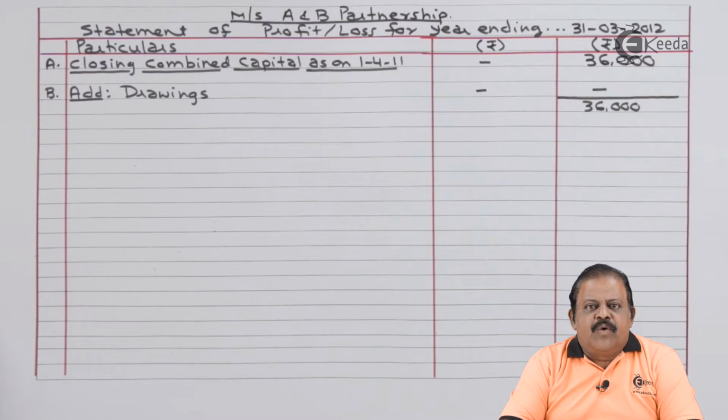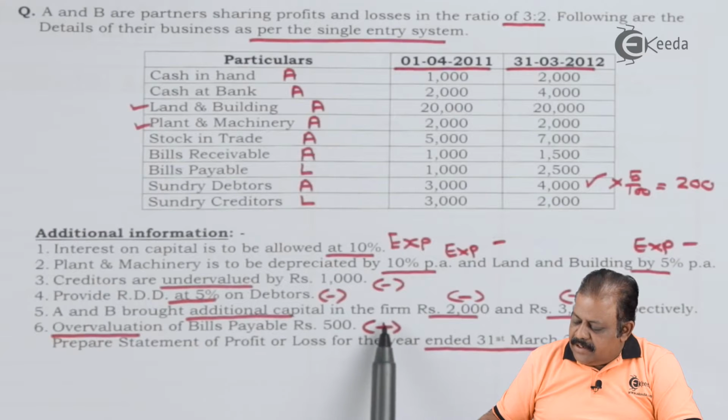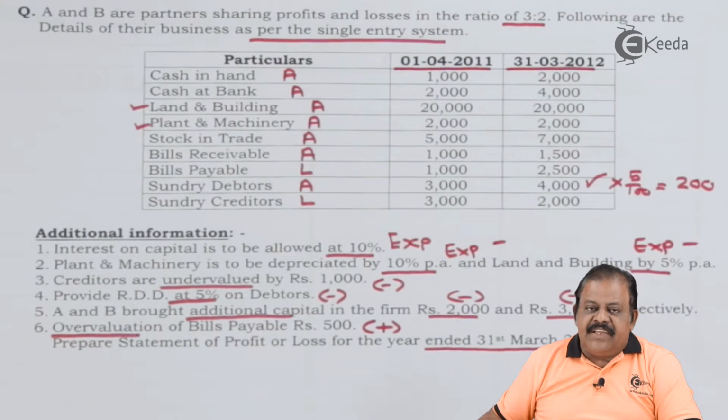From this, we are required to deduct additional capitals brought by partners. A and B brought additional capital in a firm 2,000 and 3,000 respectively.